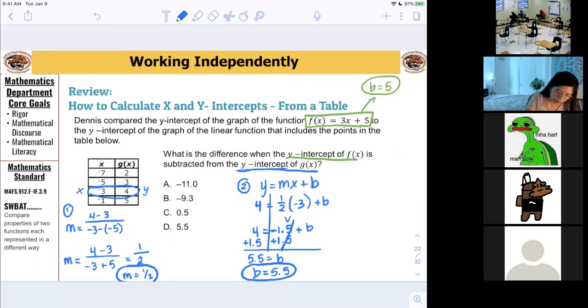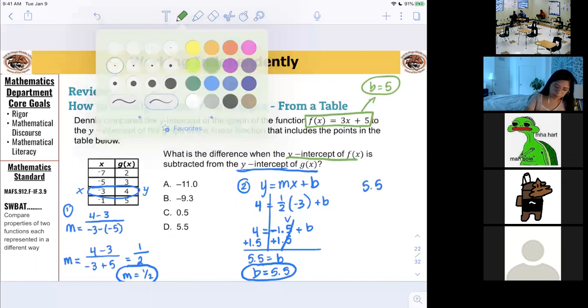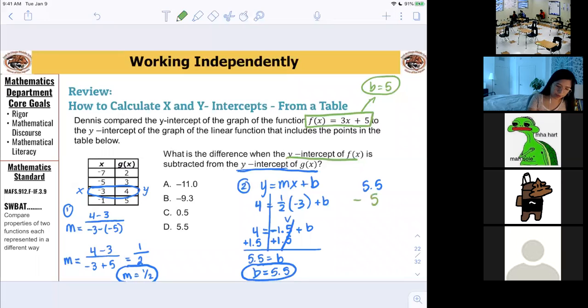Okay, so let's read it again. What is the difference when the y-intercept of f of x has to be subtracted from the y-intercept of g of x? So 5.5 minus 5. So it's the other way, yeah. It's a little bit tricky, so you got to read very carefully. So 5.5 minus 5, what does that give me? 0.5. So my answer is C.